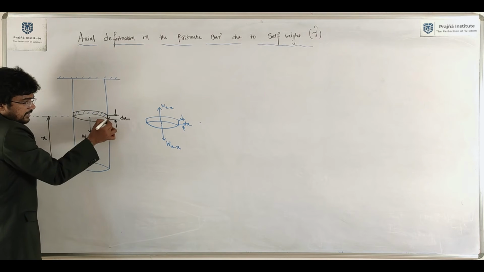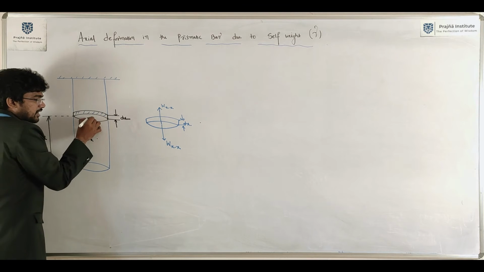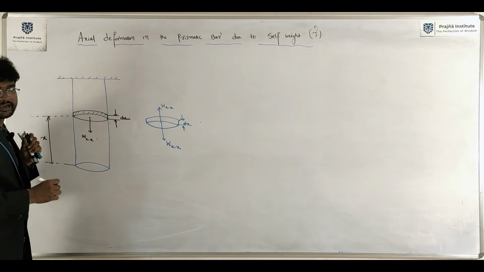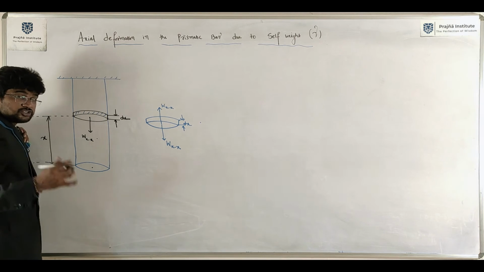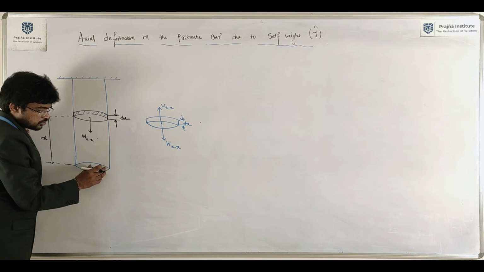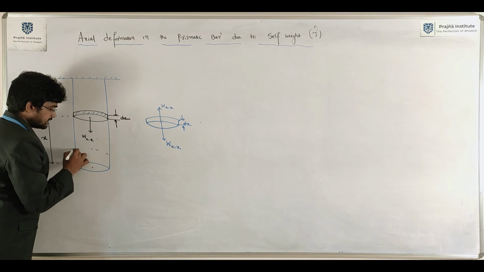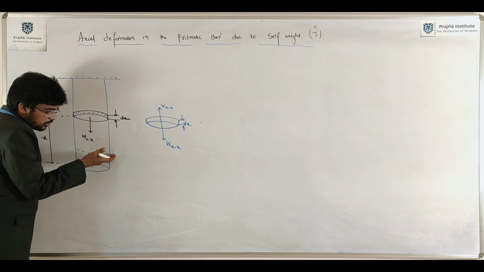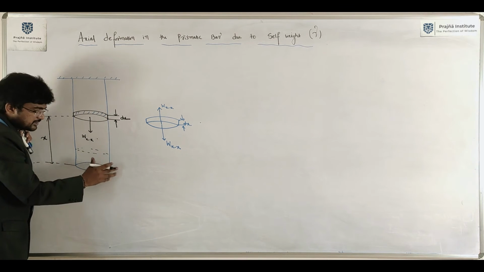is Wx. Now, whatever the weight is, it is acting at this point. What is the load acting at this point? Zero. Why? Because there is no prismatic bar below it. At this point, the total load from here to here will be acting.